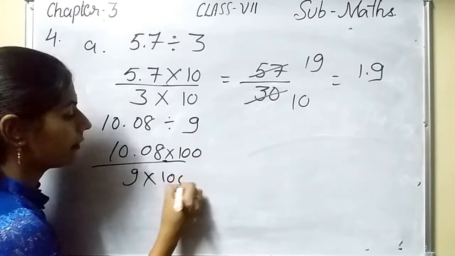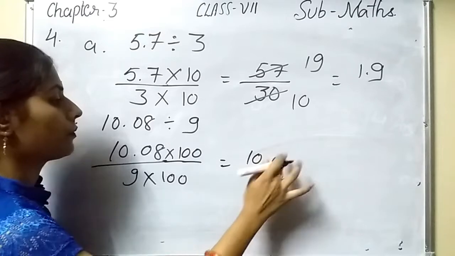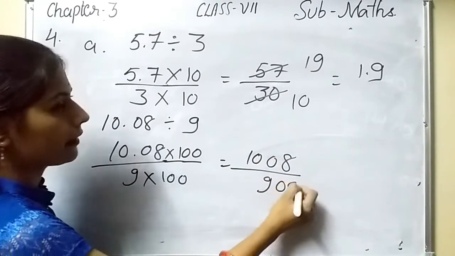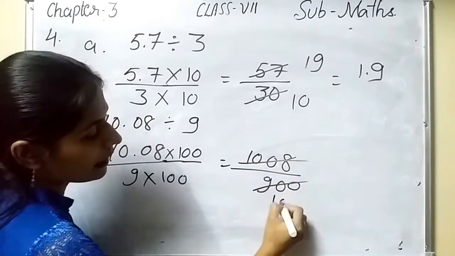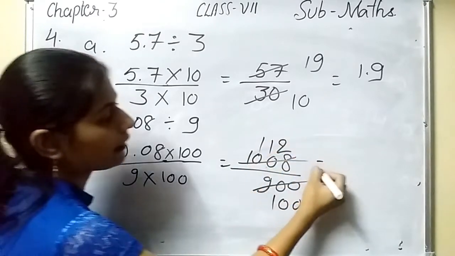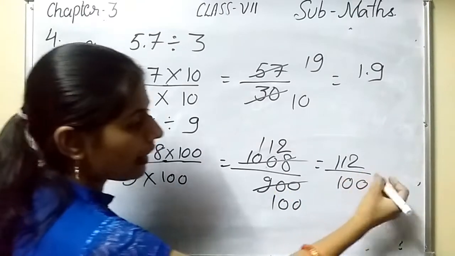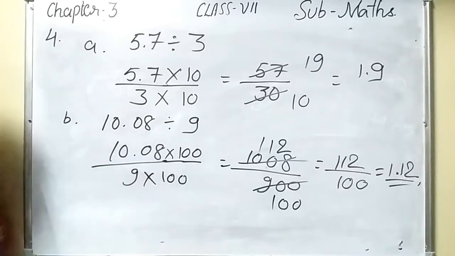Here 100. 1008 by 900. Now divide it by 9: 9 ones are 9, 0, 0, 9 ones are 9, 9 twos are 18. 112 by 100 means before 2 digits you have to put the point. 1.12 is your answer. Understood?